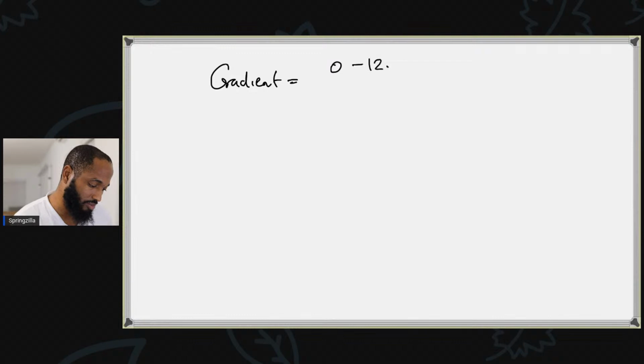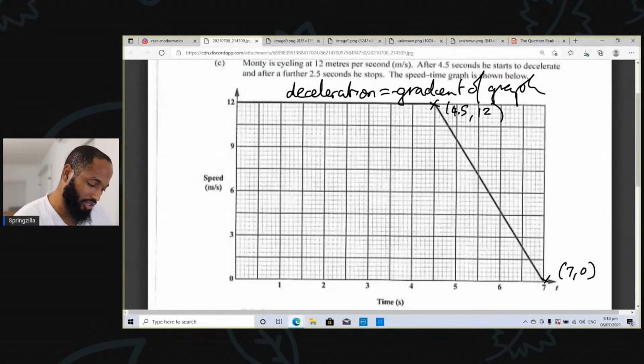Zero minus 12, and 7 minus 4.5. It wasn't 12.5, it was 12. I'm trying to remember without looking back. So this is x2, y2, and this is x1, y1. So 0 minus 12 over 7 minus 4.5.